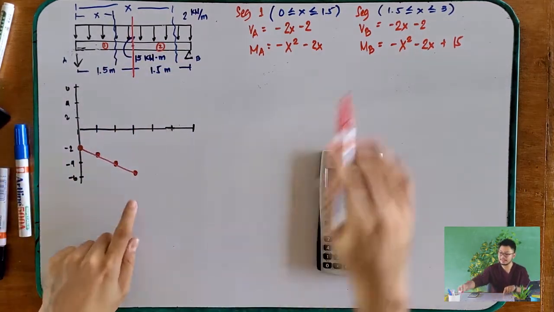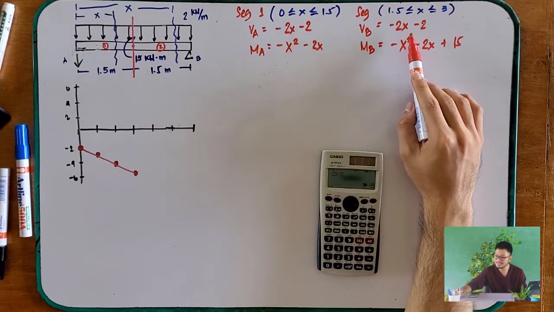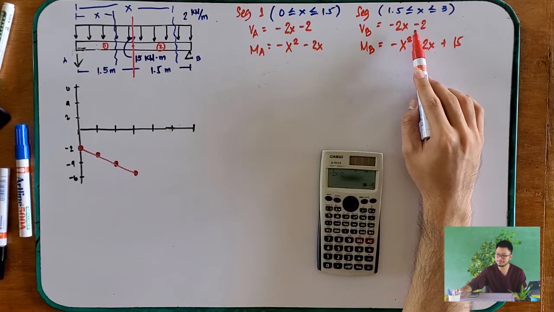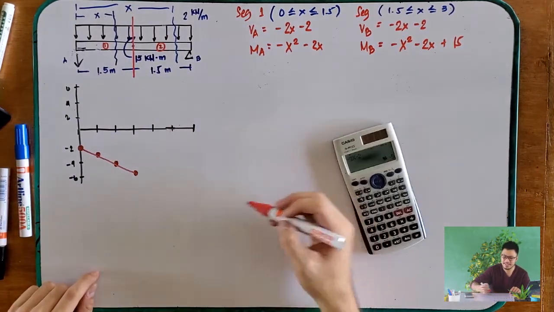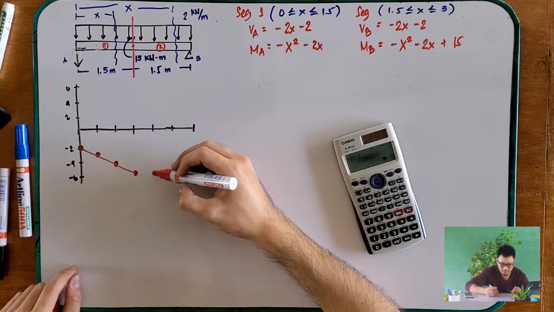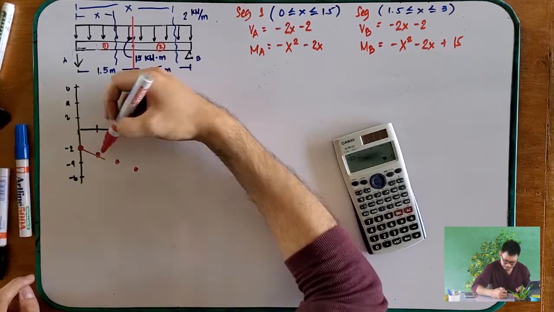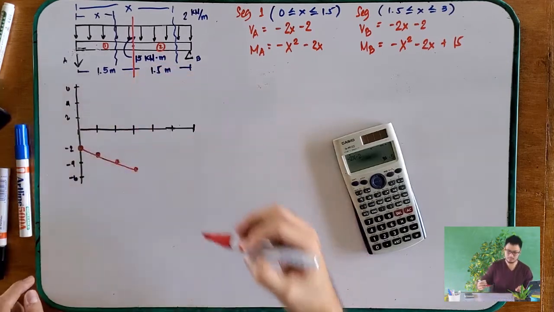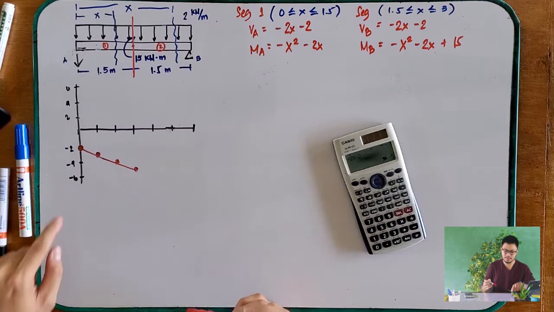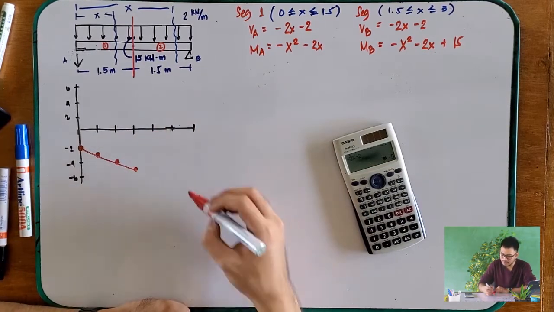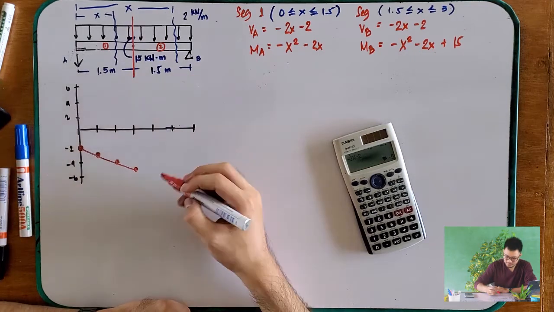Now, for the next one, of course, this is still negative 2x minus 2. So, we can just say that this will proceed. Since they have the same equation, we can say that this will continue until it reaches 3.